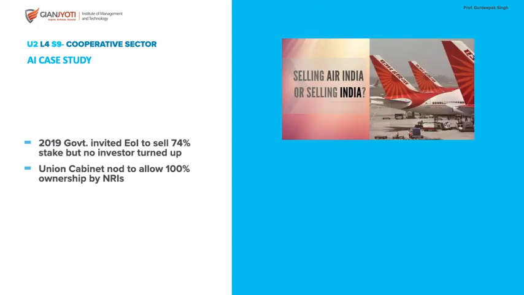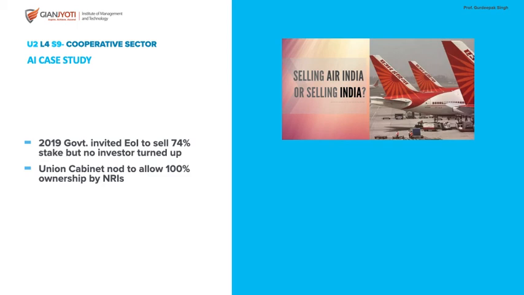Just to give you some more figures, your views may be that we don't want to keep it. The government felt that, okay, we'll sell 74% of the stake, and in 2019 they invited expressions of interest from other airlines, and there were many, like Indigo, Vistara, Qatar Airlines.